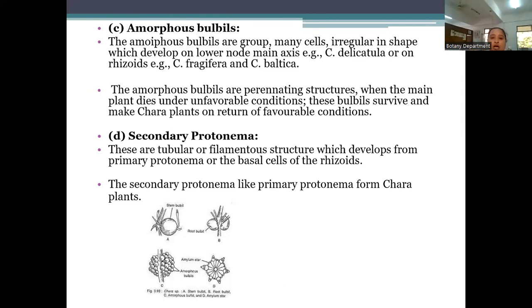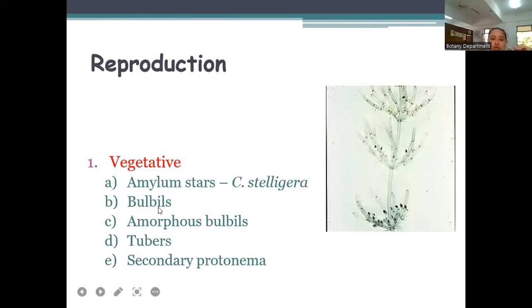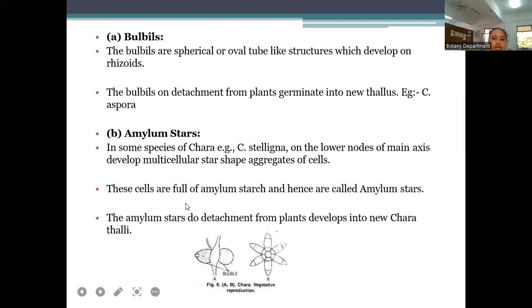Here, tubular or filamentous structures are there, which develop the primary protonema or the basal cell of the rhizoid. These secondary protonema are just like the primary protonema of the Chara plant. You can remember these four as vegetative reproduction. But many times they ask about the amylum starch and secondary protonema; they are important.